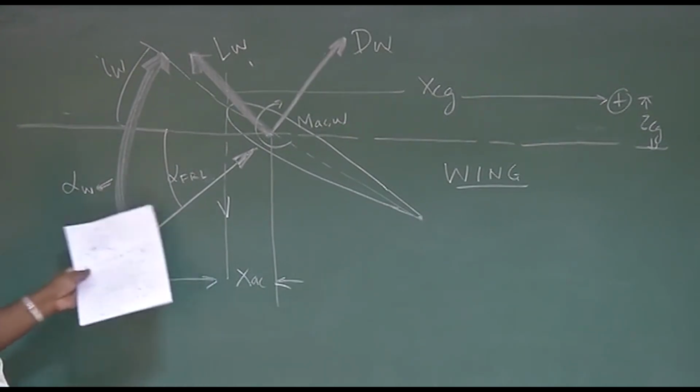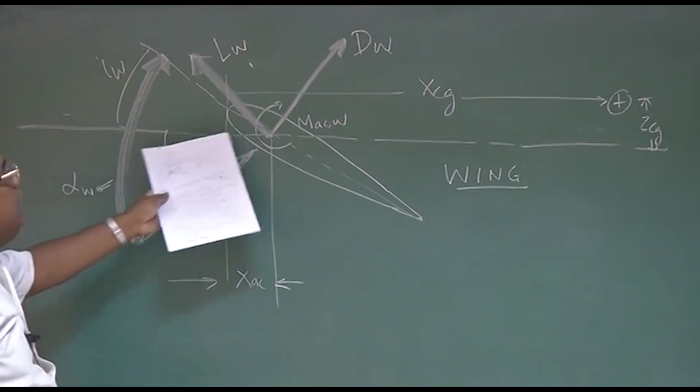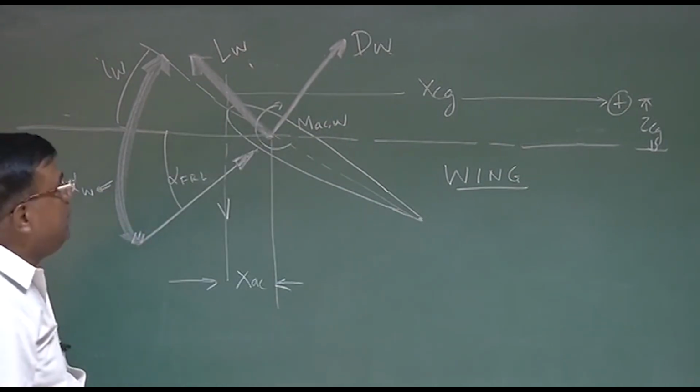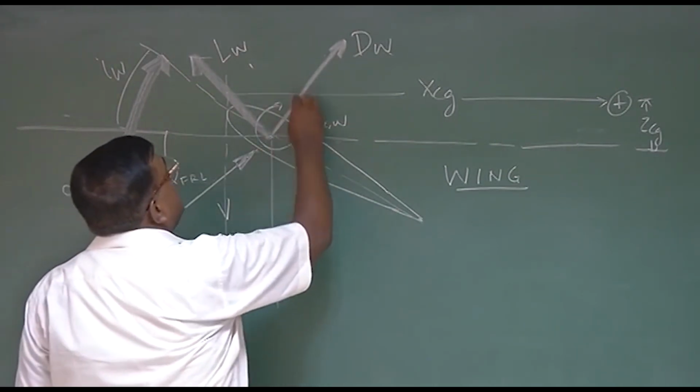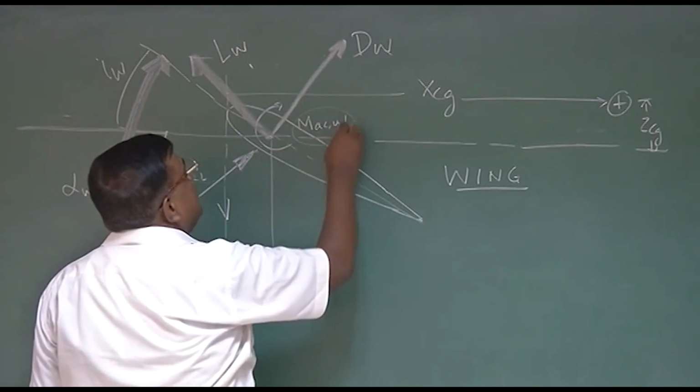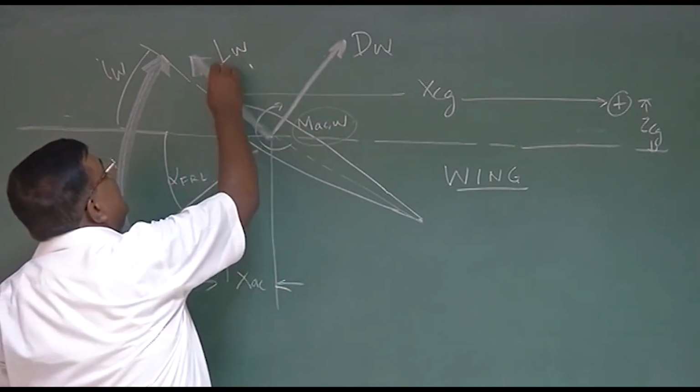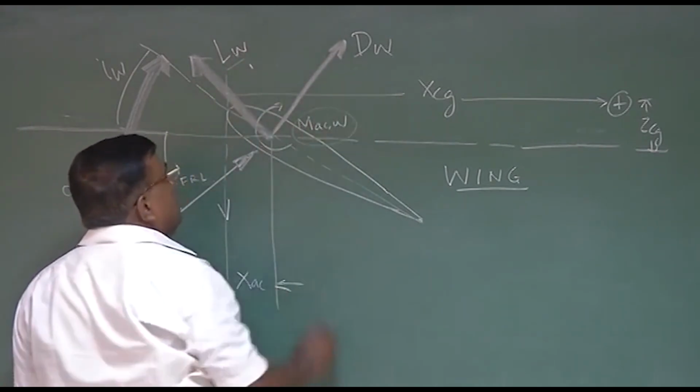Because of velocity, because of angle of attack, the wing is getting aerodynamic forces. Because it is a cambered aerofoil wing, we are adding the MAC of the wing also here. And this is the lift on the wing and this is the drag on the wing. What is our aim?